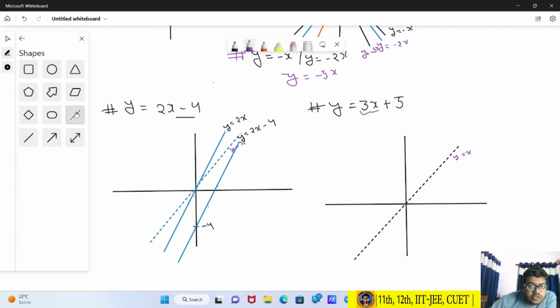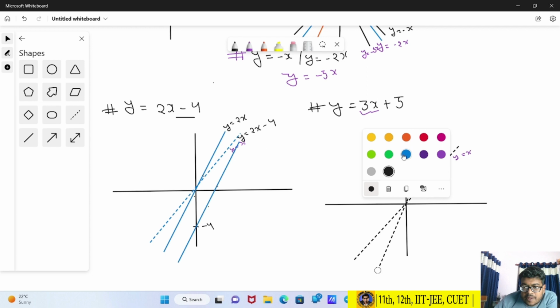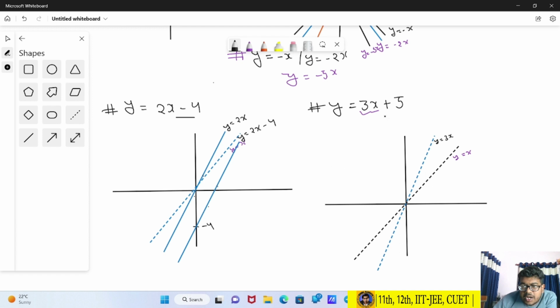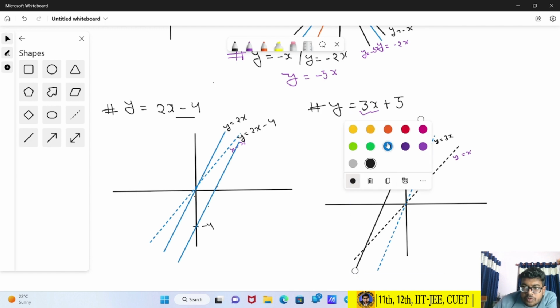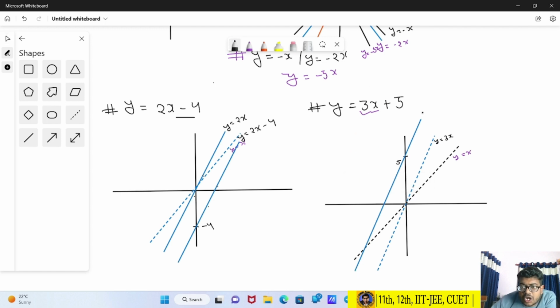So y is equal to 3x, and now plus 5. Suppose this is plus 5. We draw a parallel line to y is equal to 3x through y is equal to 5. So this is the graph of y is equal to 3x plus 5.